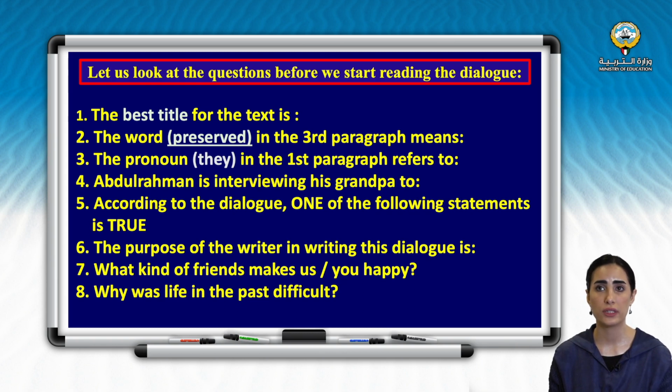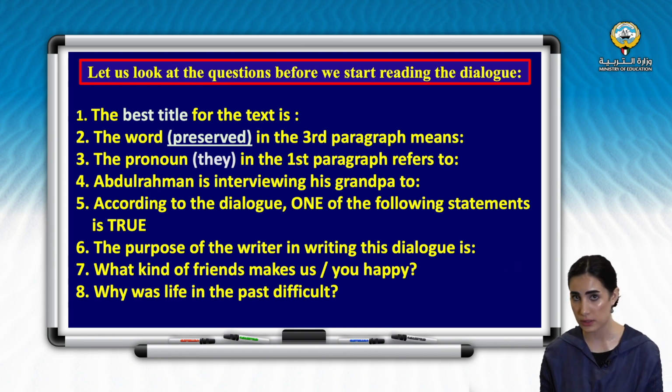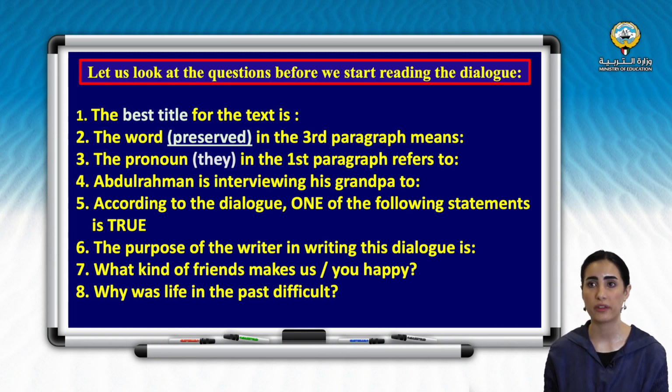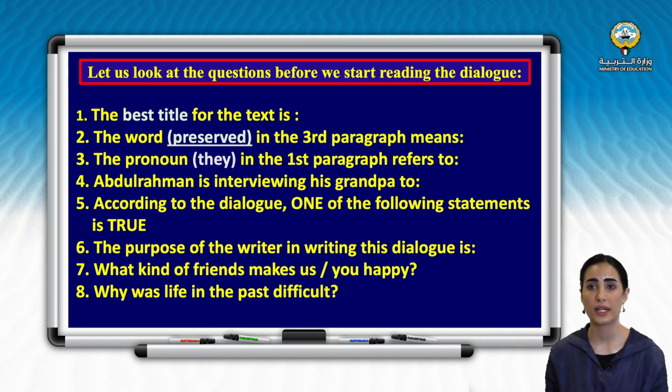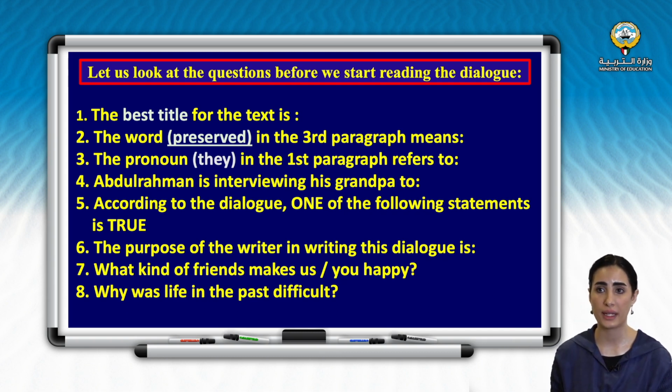Number 5, according to the dialogue, one of the following statements is true. The others are false. Number 6, the purpose of the writer in writing this dialogue is what? 7, what kind of friends makes you happy? 8, why was life in the past difficult?